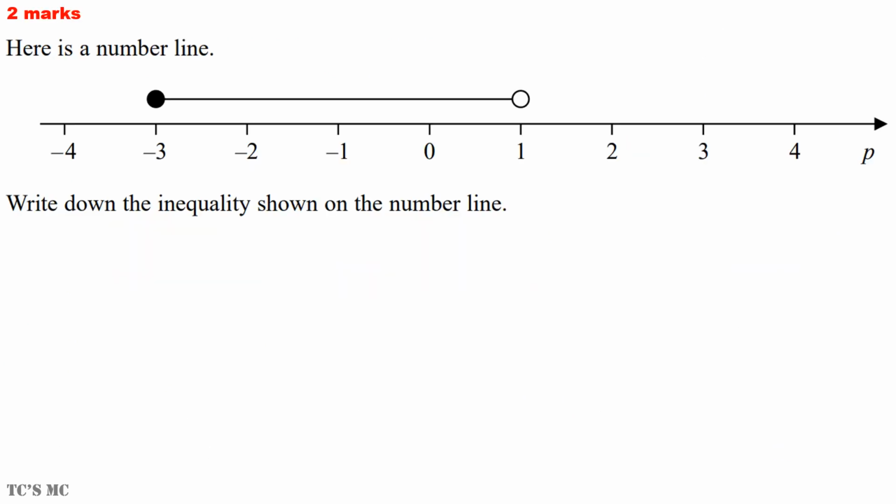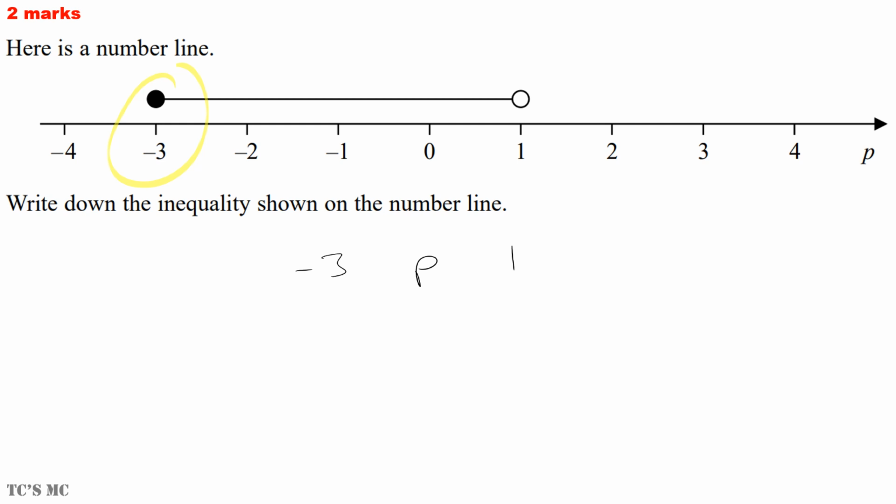Here is a number line. Write down the inequality shown on the number line. Because it is connected, we know that P is between -3 and 1. If you look at the circle above the -3, it has been shaded in.